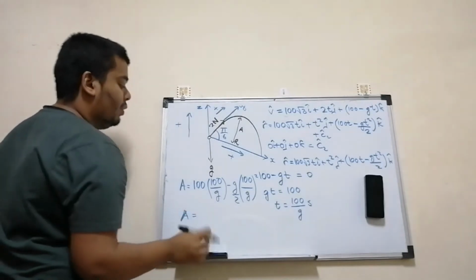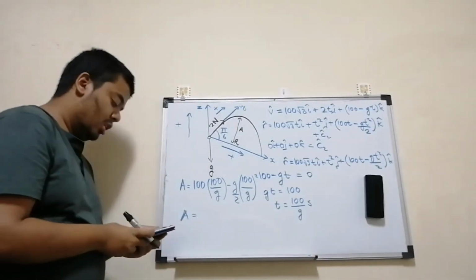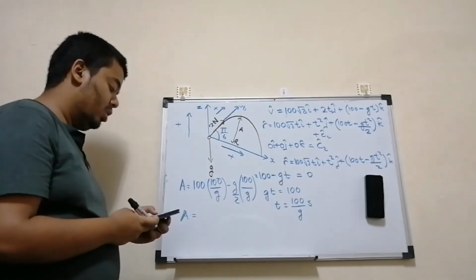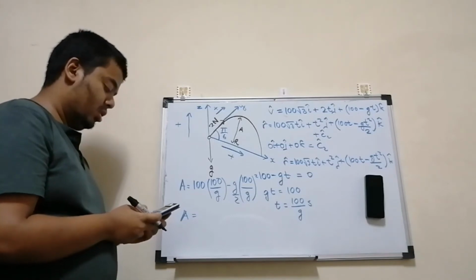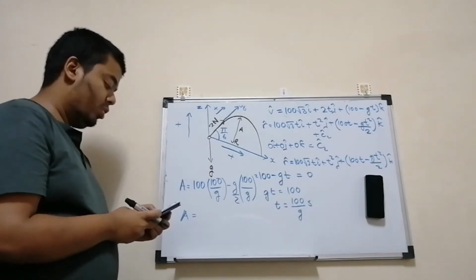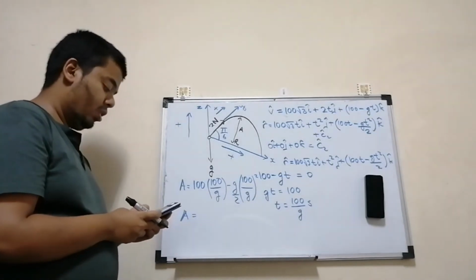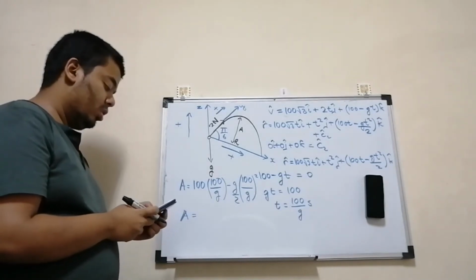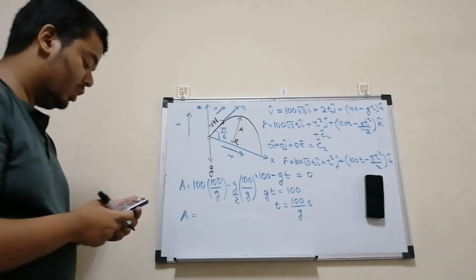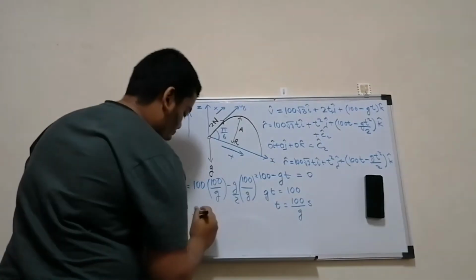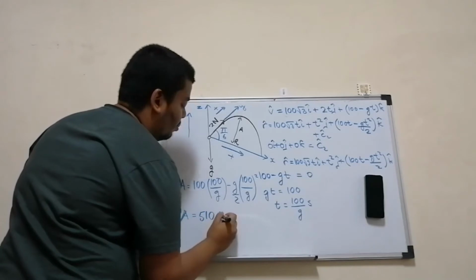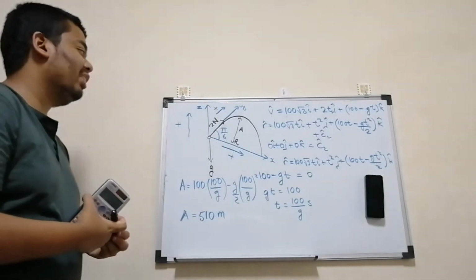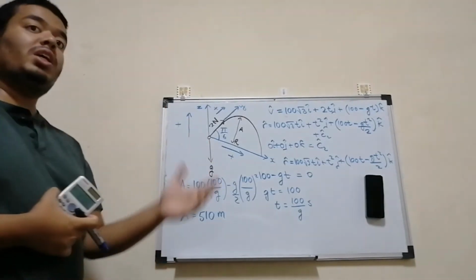So the maximum altitude can be given by 100 over 9.8 into 100 minus 9.8 over 2 into 100 square over 9.8 square, and we will be left with 510 meters. Got me? So perfect, man. We have solved it. We have solved a particle moving in 3 dimensions.